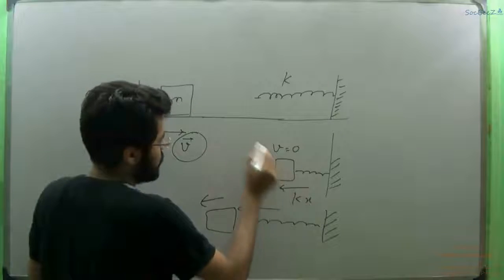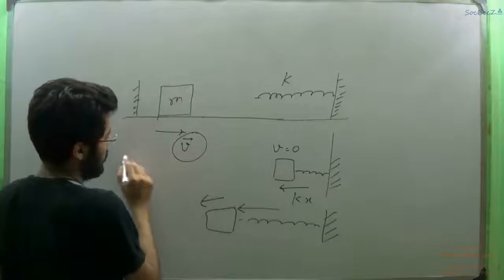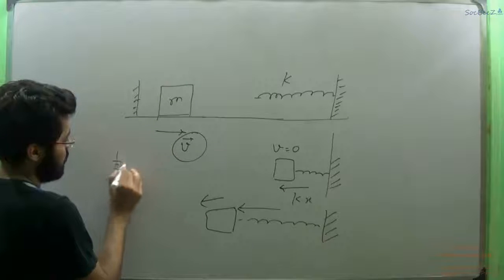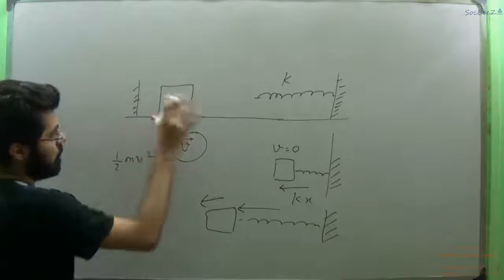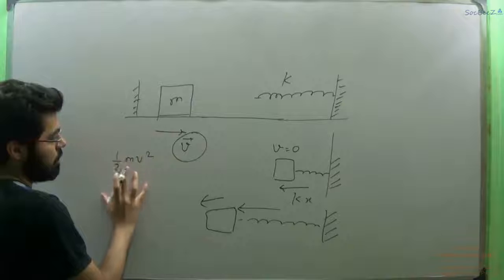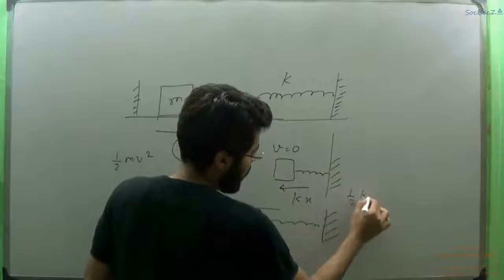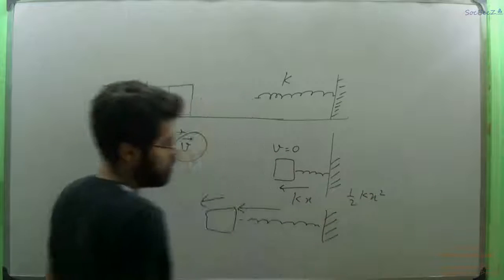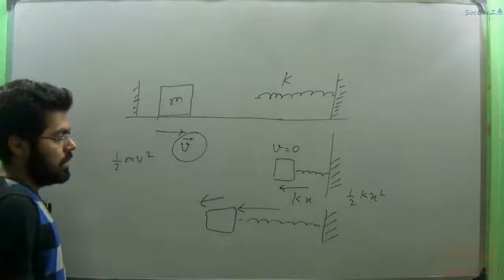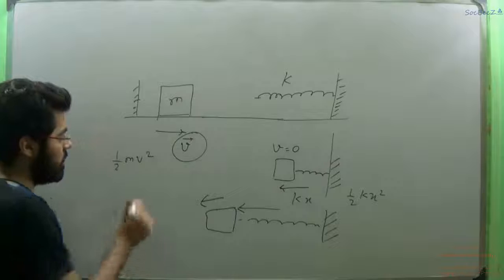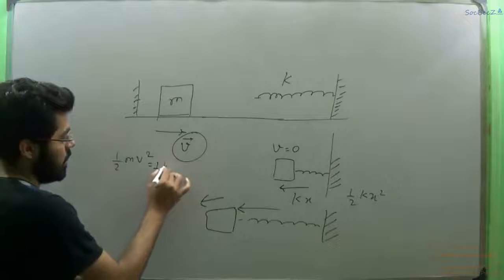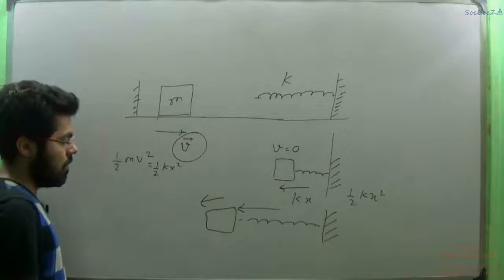When it is at this position, what is its energy? Its energy is half mv square. No potential energy, only kinetic energy, half mv square. At this position, its energy is half k x square. There is no friction. It means half mv square is equal to half k x square.